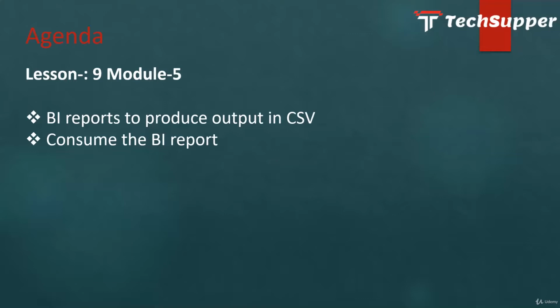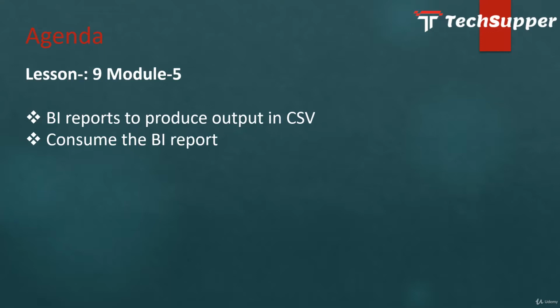So here, we are going to convert the BI report's output to the CSV format, and then we'll consume that BI report in the integration cloud to convert the CSV data, and we'll pass this data as per our requirement. So let's get started and first convert the BI report's data to produce output in the CSV format.